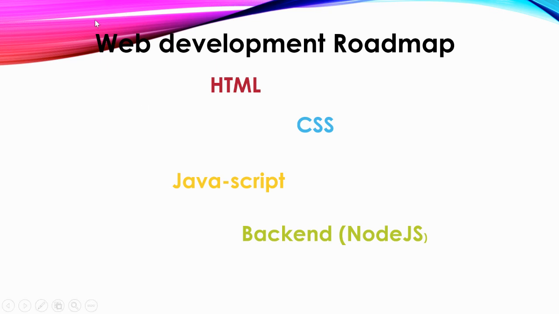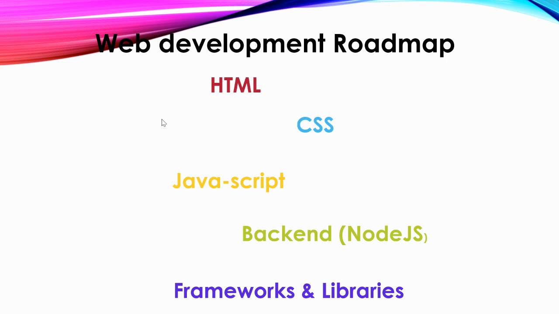And then if we talk about the next thing in this roadmap, the last thing, which is the frameworks and libraries. Many people start frameworks and libraries just after the front end development. But because I talked about the complete web development roadmap, that means you want to become a full stack web developer and not just a front end or back end.